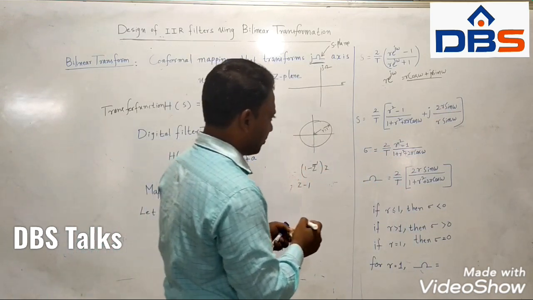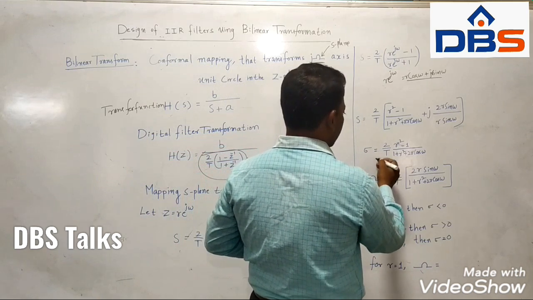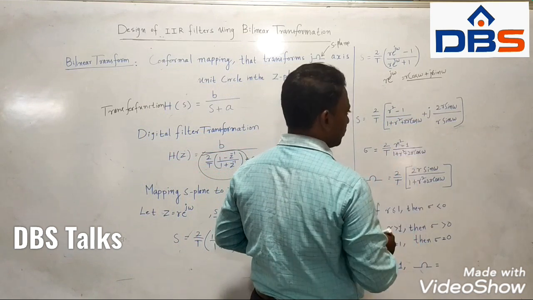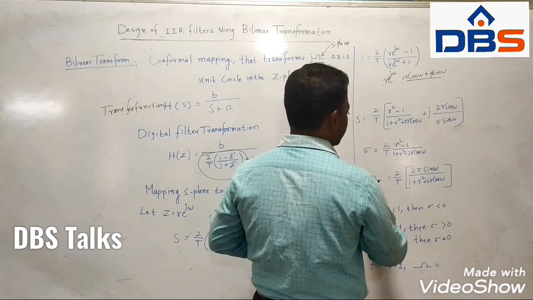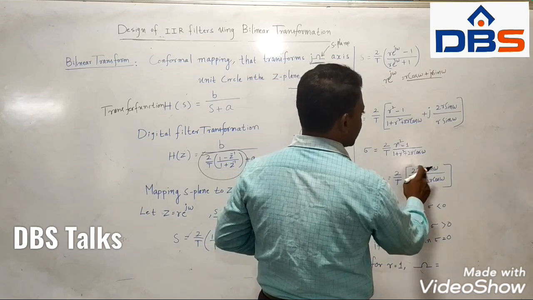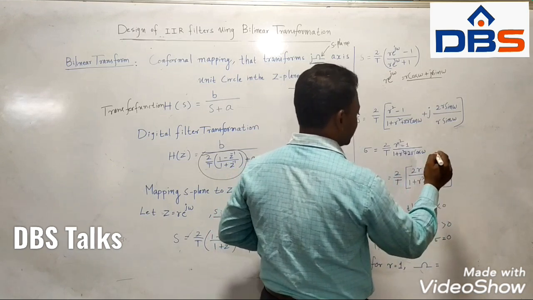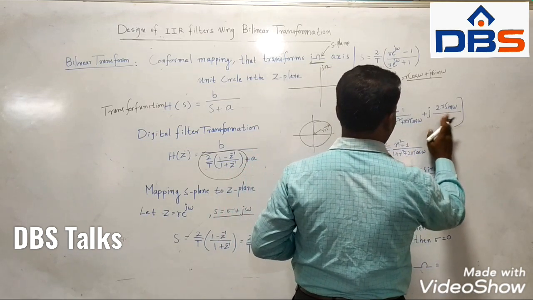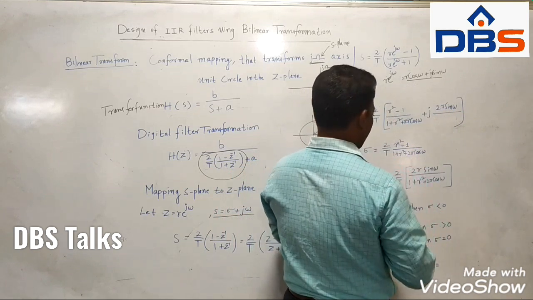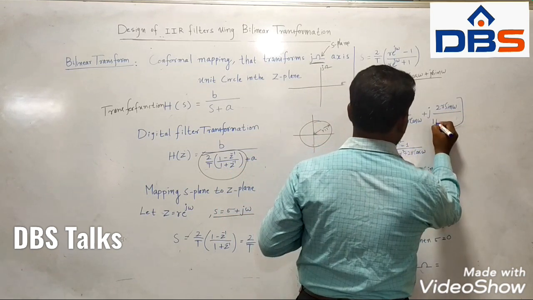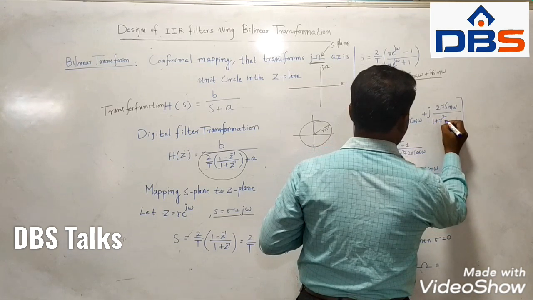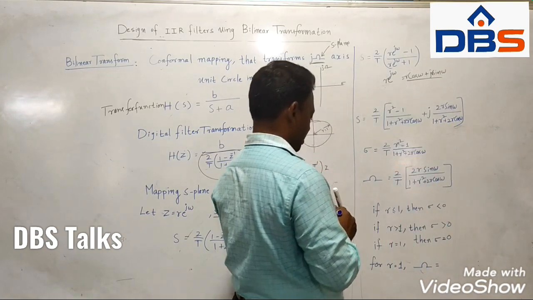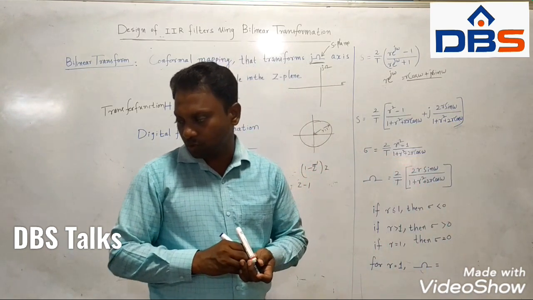So therefore sigma is equal to 2 by T (r square minus 1) divided by (1 plus r square 2r cos omega). In the same way omega is equal to 2 by T, 2r sin omega divided by 1 plus r square 2r cos omega.